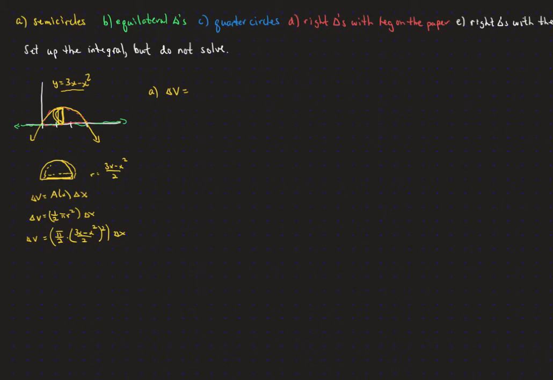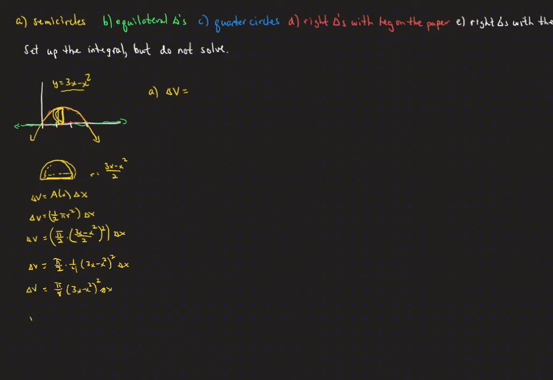So what we get then is going to be the pi over 2, but when we square our radius, we're going to get that 3x minus x squared, squared. The 2 in the denominator is going to get squared and become a 1/4, making this pi over 8 times the 3x minus x squared, squared, delta x.